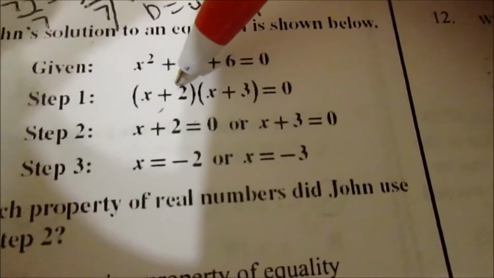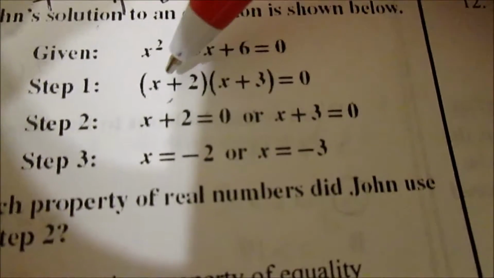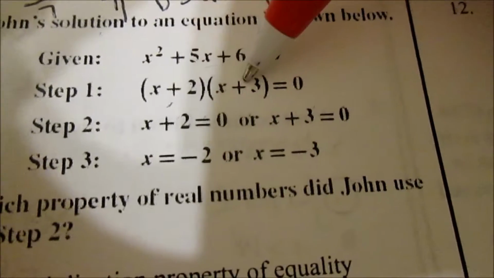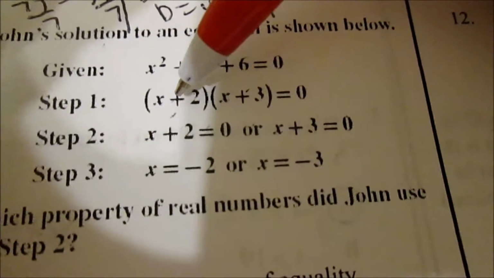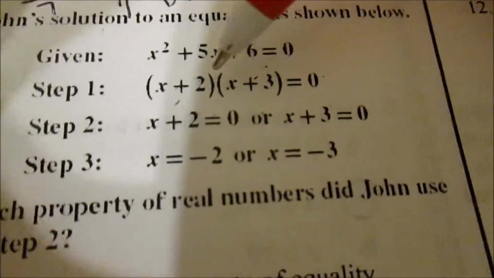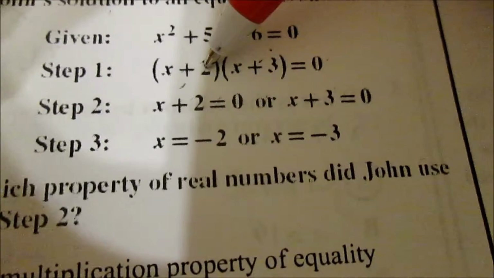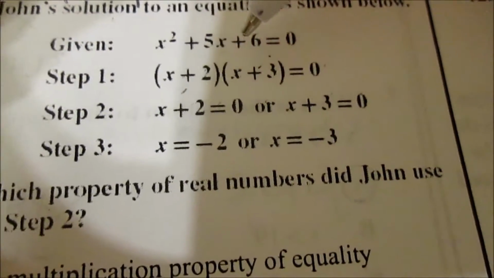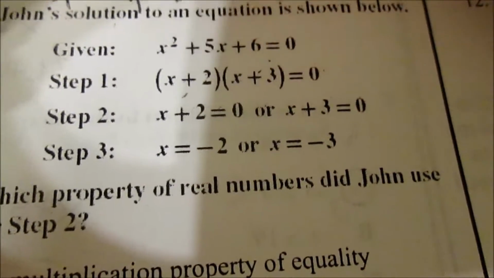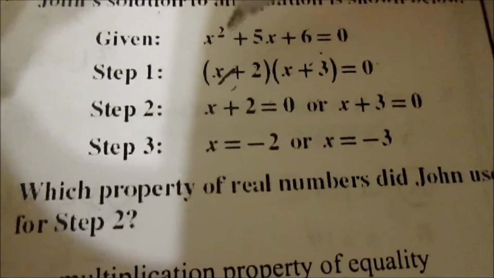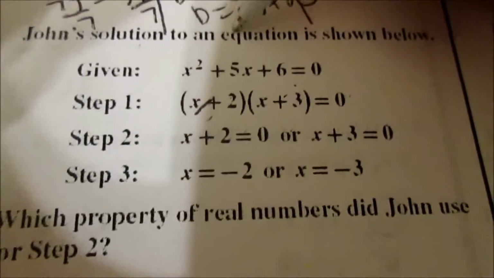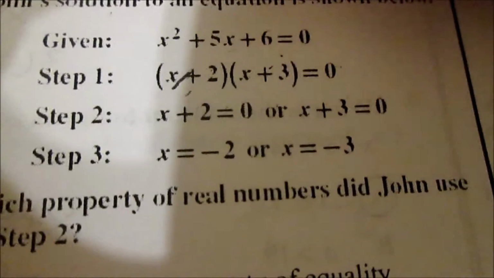Well, in the previous step, x plus 2 times x plus 3 gives you 0. So one of them must be 0. Let's say they're factored equations.